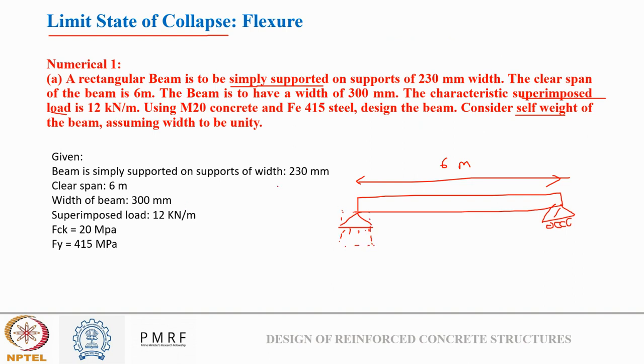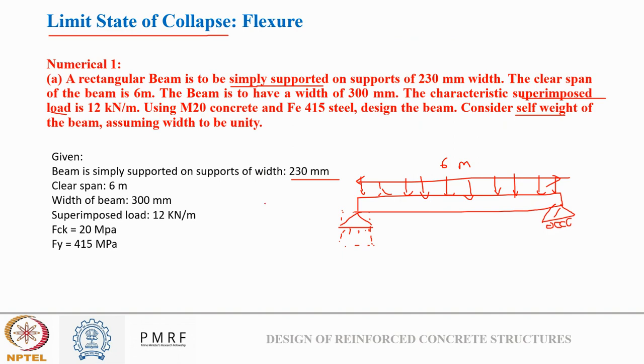That is given as 230 mm. And there is a continuous load acting over the beam, that is the superimposed load. Here, first using the load we'll calculate the moment and then we will calculate the area of steel that is required, because for that only we need to design the beam.